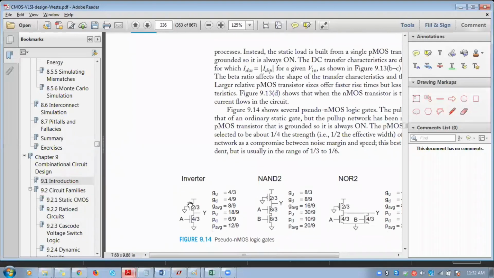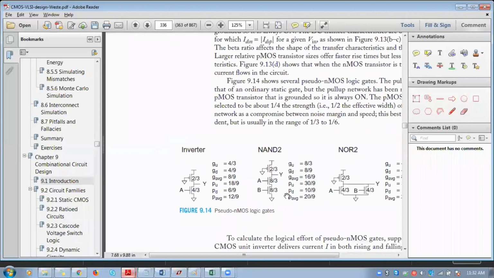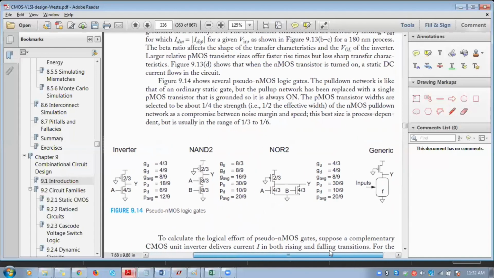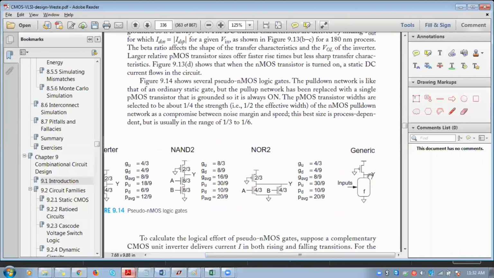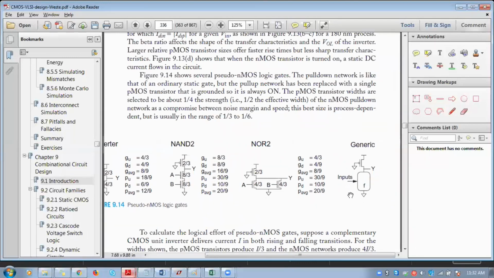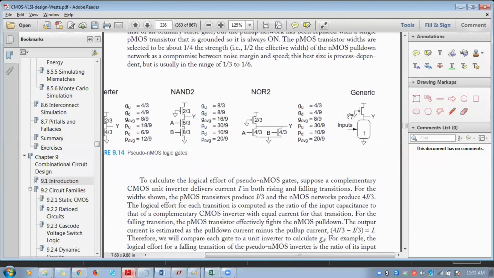Whatever the logic may be, this is the general expression: we draw the functionality with respect to NMOS directly, and replace the entire PMOS functionality with a single PMOS whose input is grounded. This PMOS is selected in such a way that its strength will be only 1/4 of the NMOS.